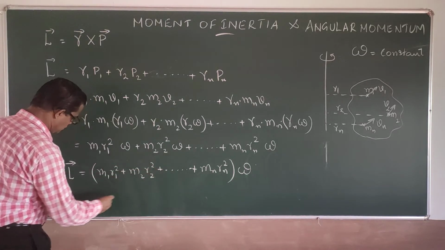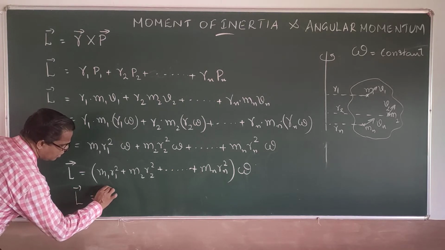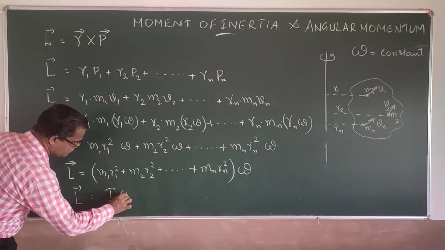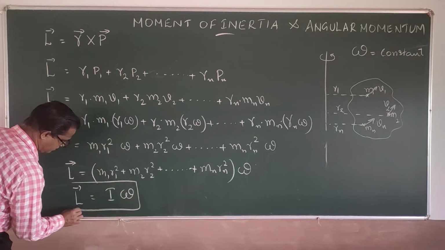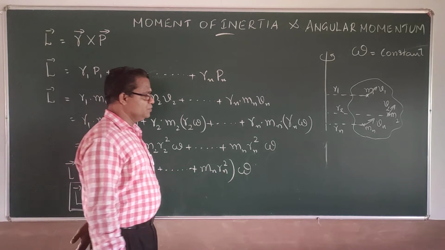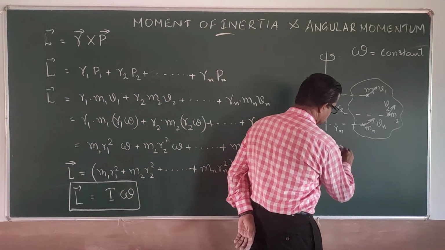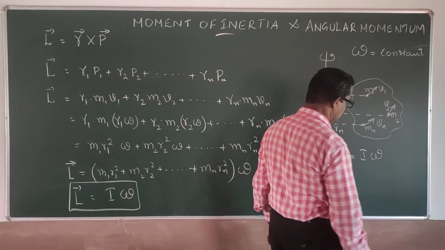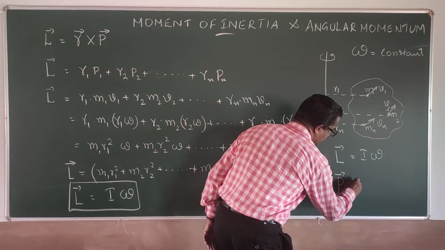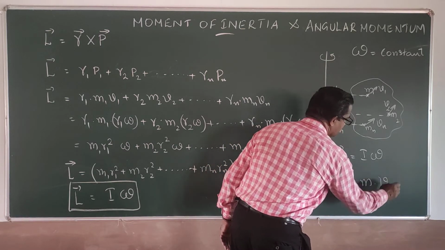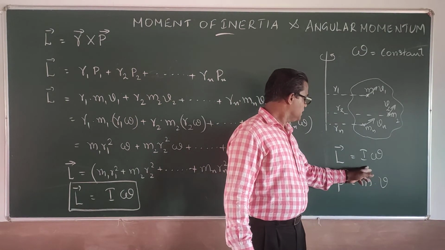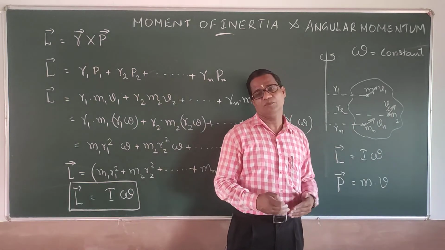The bracket quantity, as you already know, is the moment of inertia I of the rigid body about the axis of rotation. Therefore, angular momentum L can be written as I omega. So angular momentum equals moment of inertia into angular velocity. If I compare that with linear motion, linear momentum equals mass into linear velocity. Again you can see that mass comes in linear motion, and moment of inertia comes in angular motion.